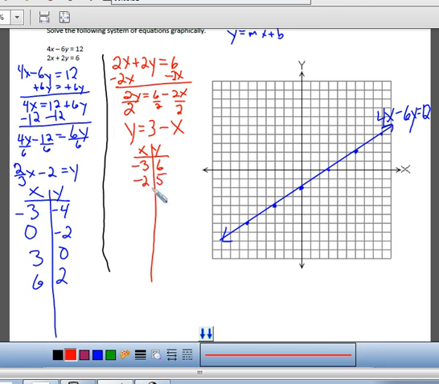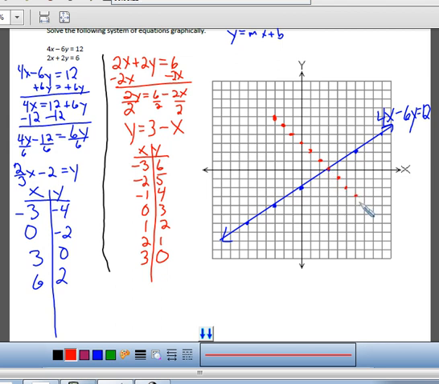For the other one, I'll start my table, so how about -3, 6, -2, 5, -1, 4, 0, 3, 1, 2, 2, 1, 3, 0. That's enough. All right, so -3, 6, -2, 5, and this is an easy one because the slope is 1 over 1, actually -1/1.